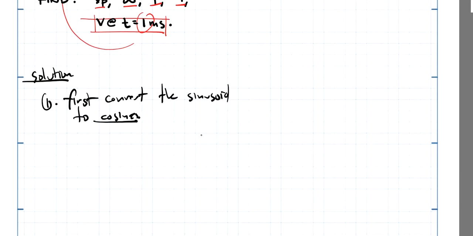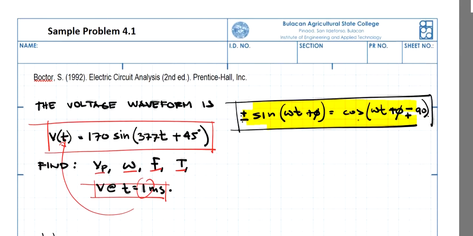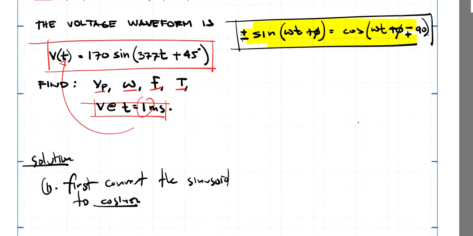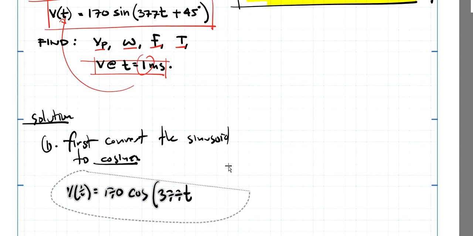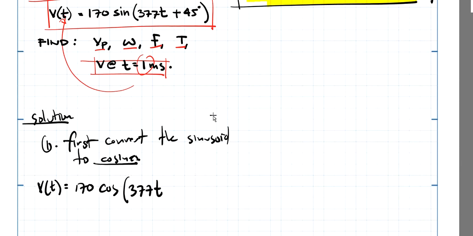So now the next step is to write v of t in terms of cosine. That's going to be 170 cosine 377t. We just have to copy that, and then plus 45, because that's the given angle, plus 45 degrees. Now let's check, is the sign positive or negative?